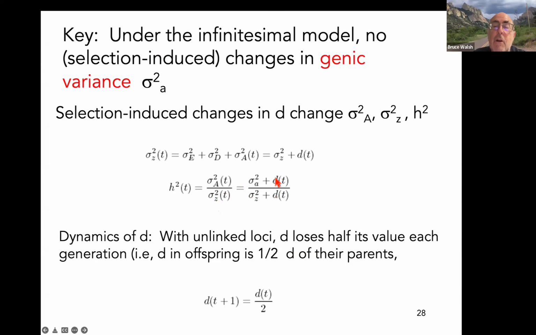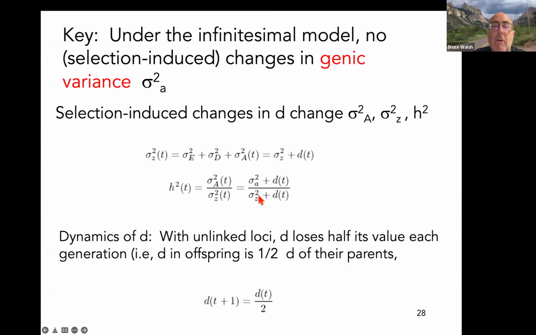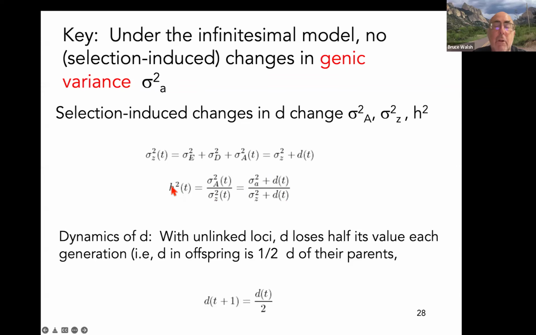So there's reduction up here in the additive variance, and there's reduction in the phenotypic variance. So it exactly accounts for that: when one goes down, the other goes down. The reason the heritability goes down is that the reduction in here is larger than the reduction in there, because this has other components, so that mitigates it to some extent. But yes, it does account for the phenotypic variance also changing as the additive variance changes. Good point to clarify that. Thank you.